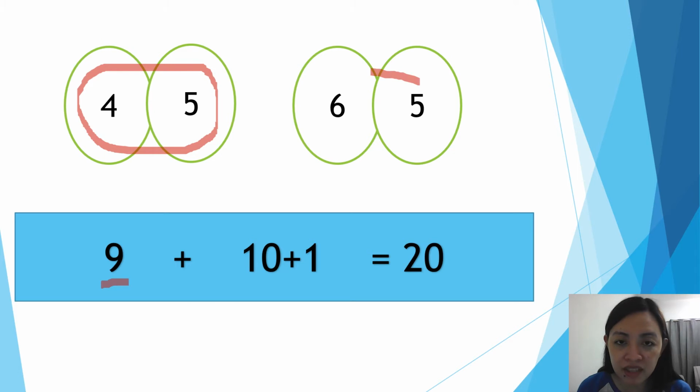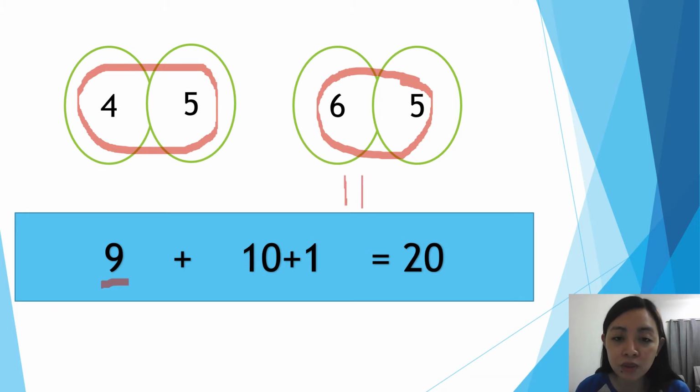Okay, now how about this one? 6 and 5. So 6 and 5 is 11. If we're going to divide or extend 11 into tens and ones, 11 consists of 10 and then 1. So now let's add. So 9 plus 10 is equal to 19.